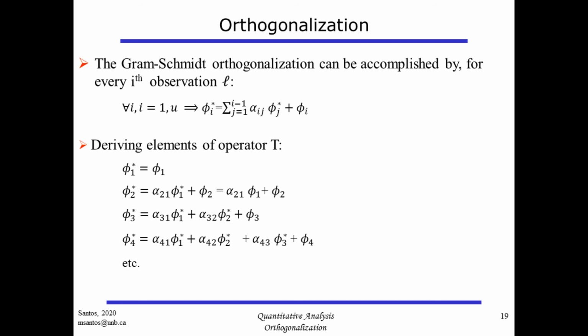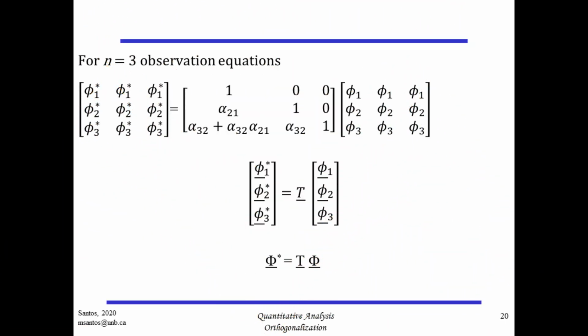We can actually write down now these set of equations in matrix form, and this is what we have. For example, for 3 observation equations, on the left-hand side, we have the orthogonalized van der Monde matrix. We can see the row vectors of the van der Monde matrix.